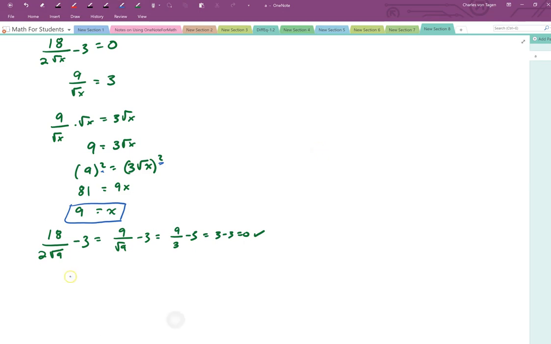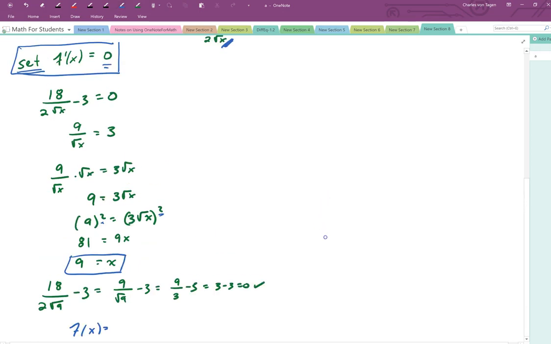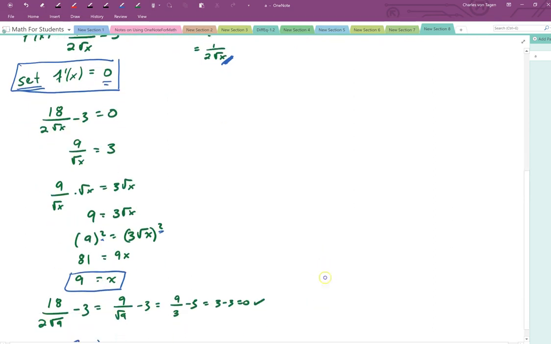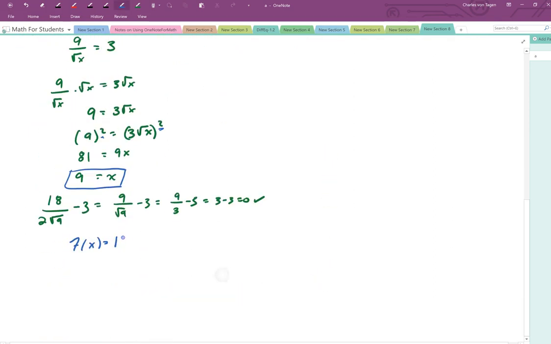What can we do? Well, we return to the original function. f of x is equal to, I'm afraid I've lost it, I'm sorry, 18 radical x minus 3x. So if we plug 9 into that, we get f of 9 is equal to 18 radical 9 minus 3 times 9, which is equal to 18 times 3 minus 27, which is 54 minus 27, which is 27.